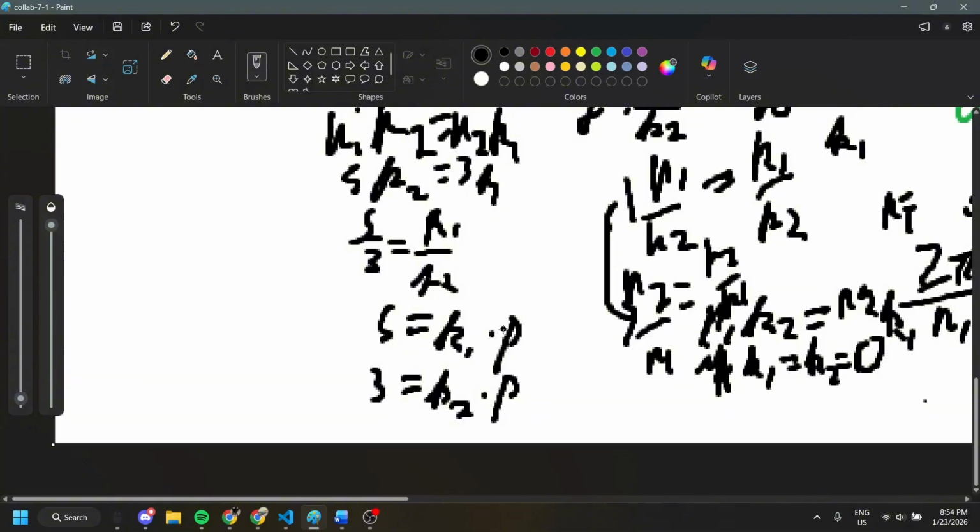So yeah, this has to be true. So if we know that k1 and k2 are less than, and p is an integer, so, no, this has to be on the other side.